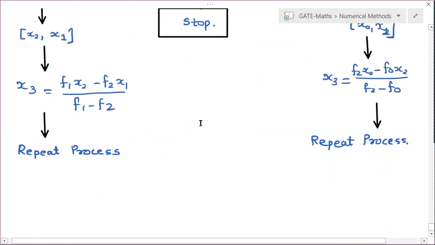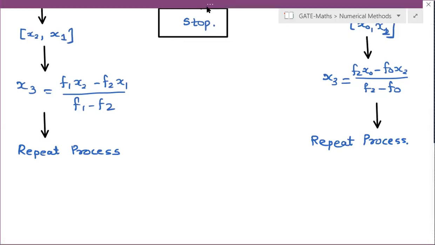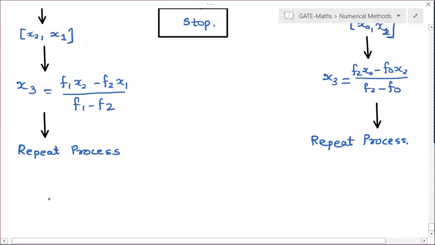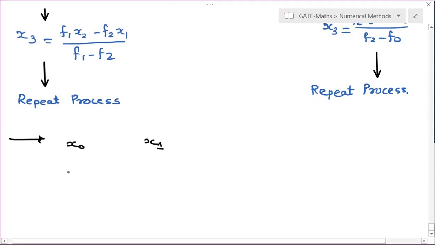So now see over here, how you can remember this. Just first take this. Here we have x naught, x1, and between x naught and x1 we have f naught and f1.